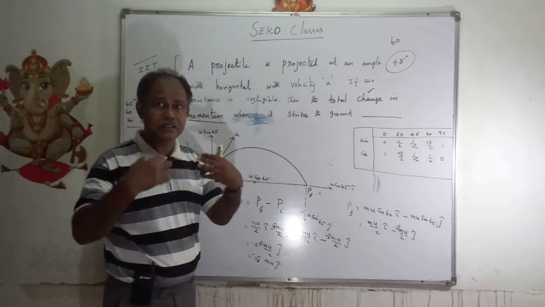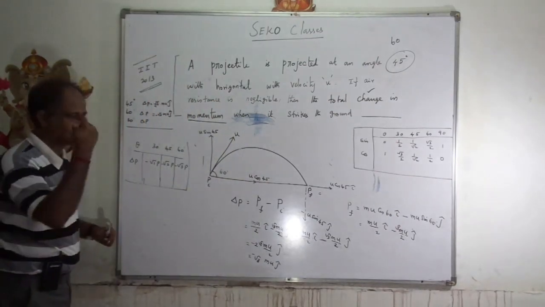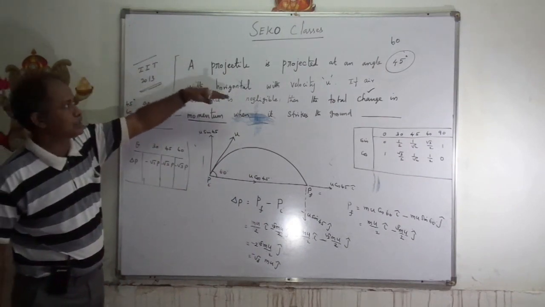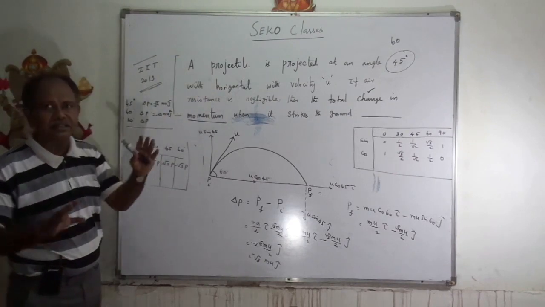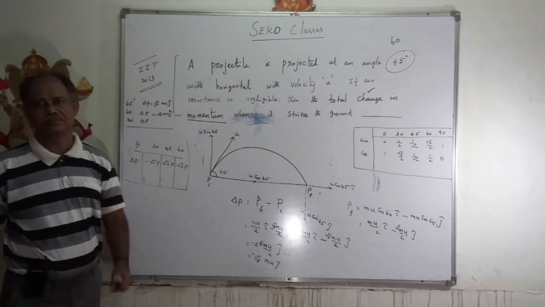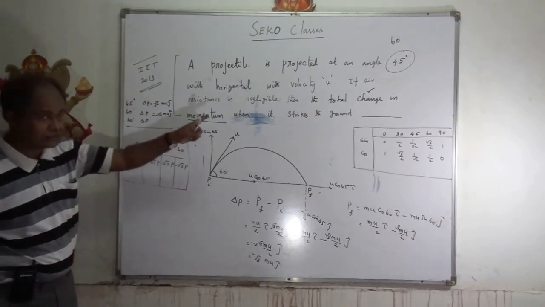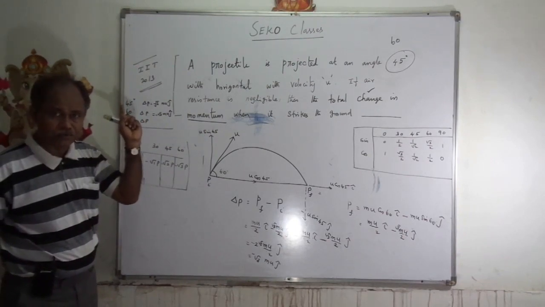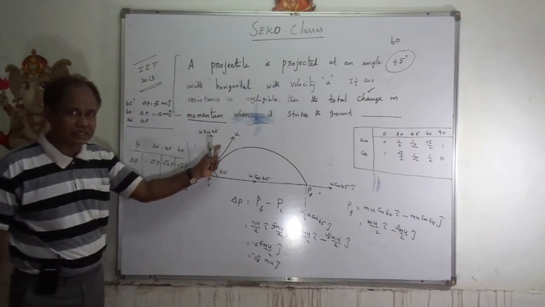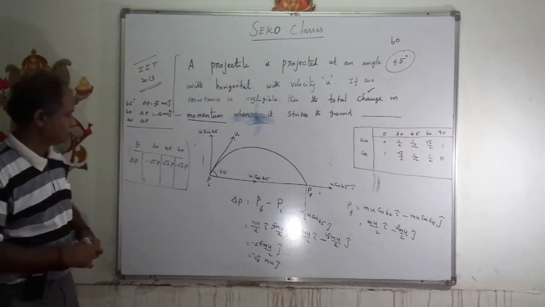To remember the shortcut, it's very easy to calculate your entire problem in a fraction of seconds. For example, this projectile is projected at an angle. Then they ask to find the change in momentum when it strikes the ground.